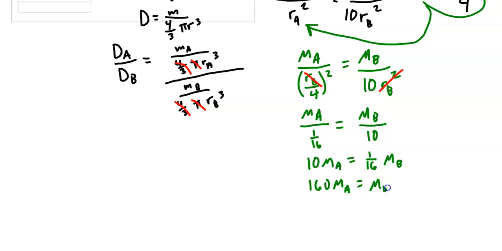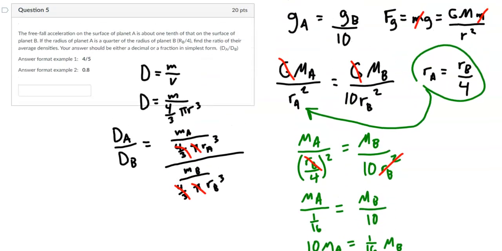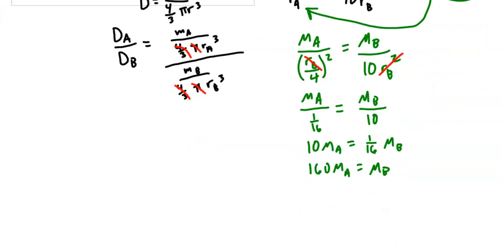Multiplied both sides by 16. Which means that MB is a much heavier planet than MA. Planet B is much heavier than planet A, which shouldn't surprise us because planet B has quite a bit stronger gravitational field, and it also is bigger. So I guess that makes sense.